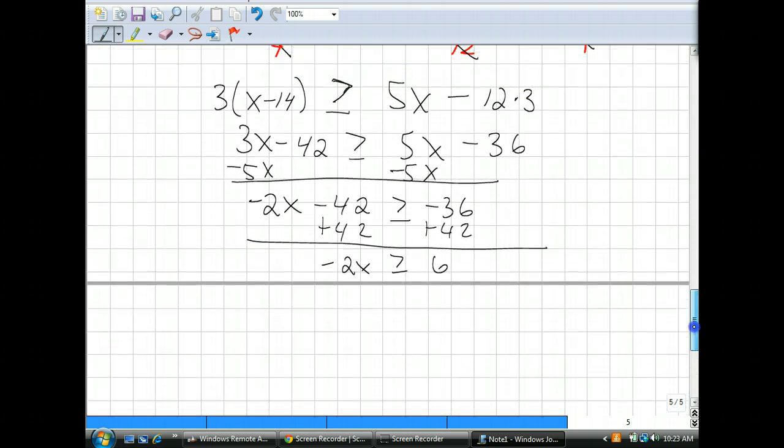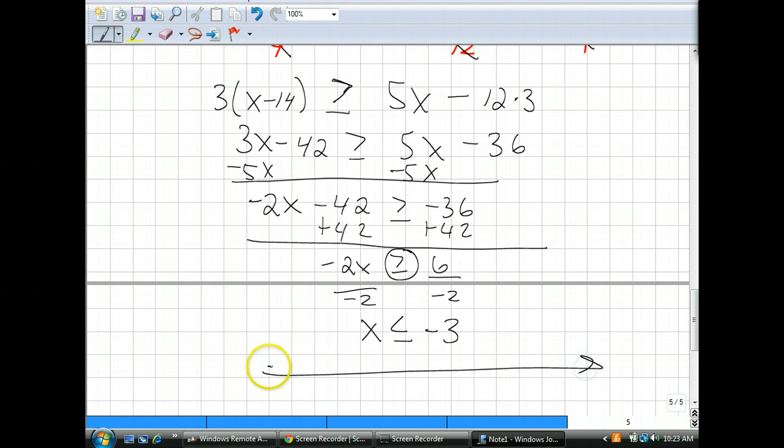Now we want to divide both sides by negative 2. And remember, in an inequality, if you multiply or divide by a negative, you have to flip the inequality. So we're going to get x less than or equal to negative 3. So on a number line, that's a closed circle because it's an equal, and less than or equal to is to the left.